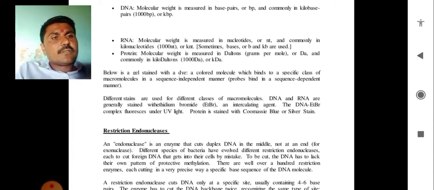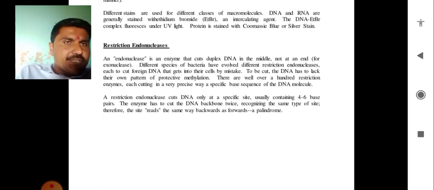To be cut, the DNA has to lack their own pattern of protective methylation. There are well over 100 restriction enzymes, each cutting in a very precise, specific manner at a base sequence of a DNA molecule. So a restriction endonuclease cuts the DNA only at a specific site.